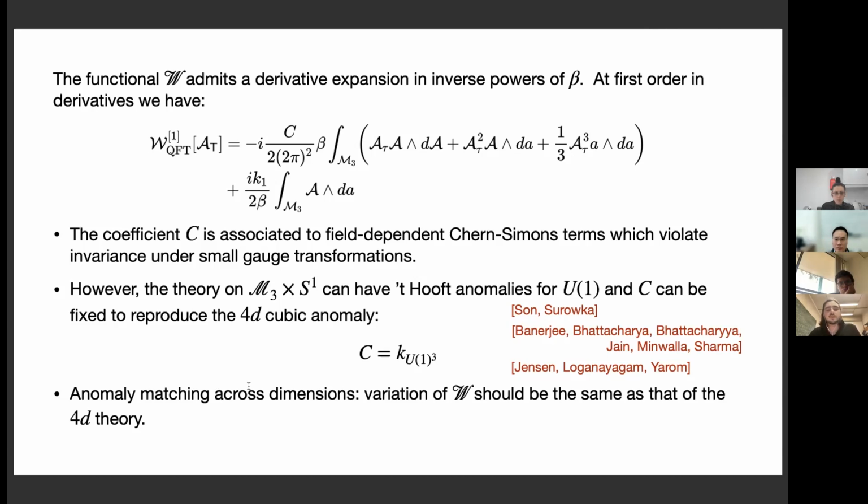So you imagine that a certain anomalous variation of an effective action could be matched by a parent theory in 1 higher dimension.